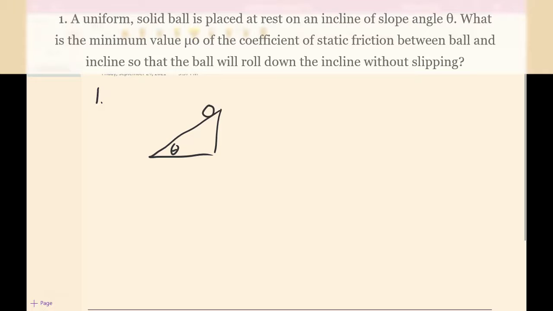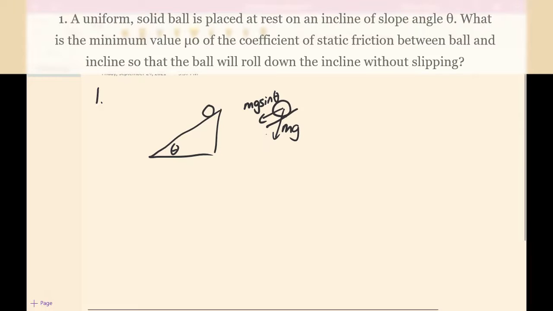Okay, so here there are several forces on the ball. There is gravity, which goes straight down. The component that goes down along the incline would be mg sine theta.